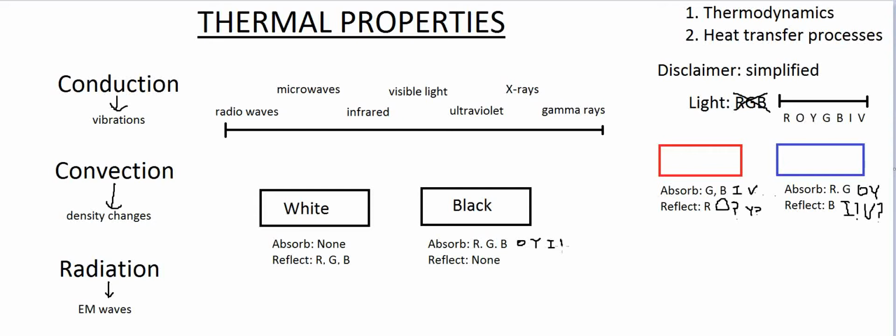And white reflects all the colors. So that's why black surfaces absorb and emit radiation the best, and white reflects radiation the best.